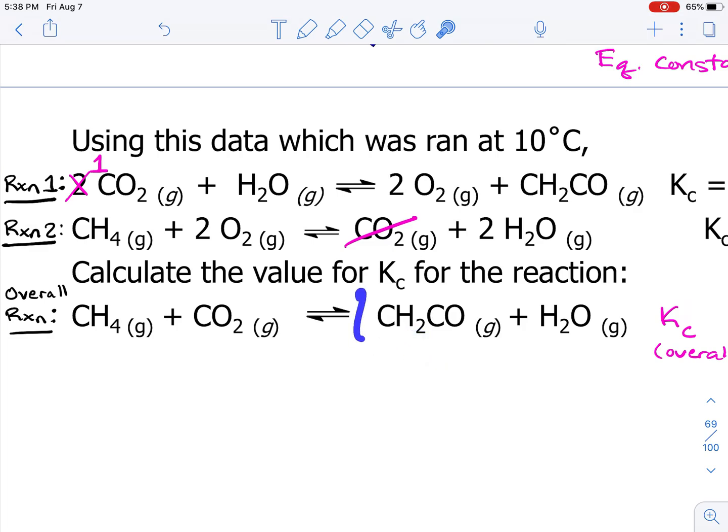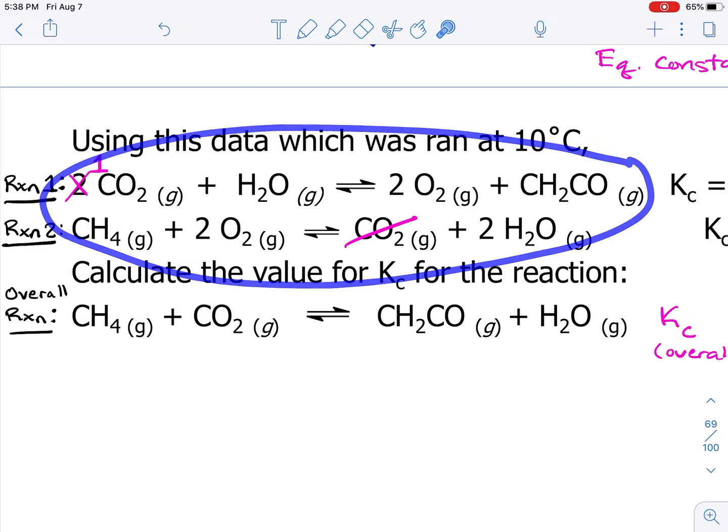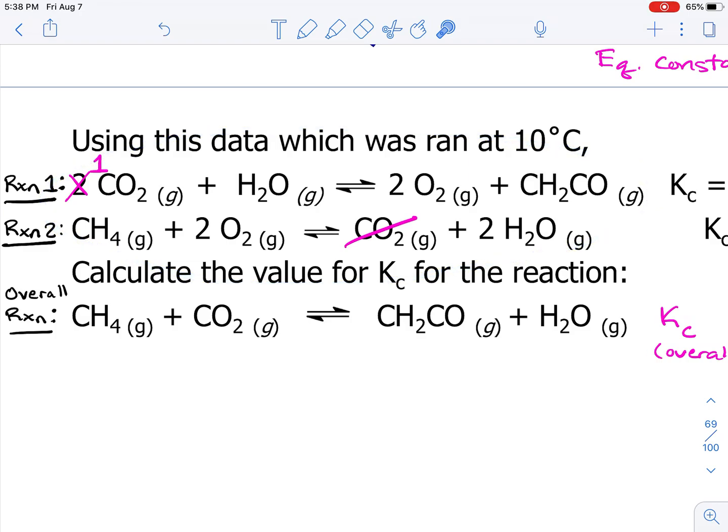In this case, CH2CO is found on the product side. If I search for CH2CO, I see that it's right here and it's also on the product side, so it's going to be carried down. It's on the correct side of the arrow and we have the correct number. It's 1 and 1. Last but not least, we have H2O.